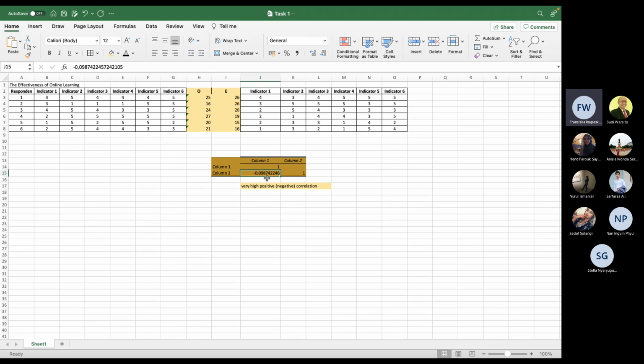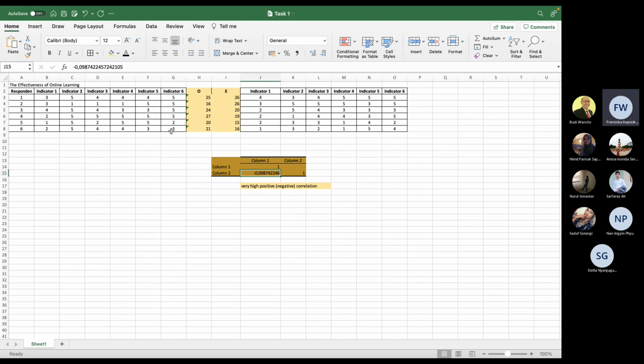But the correlation is 0.09. Very high correlation would happen if your result is 0.9, not 0.09. Okay, sir. So what's the meaning of your results? Sorry, sir, what is the meaning of the results?